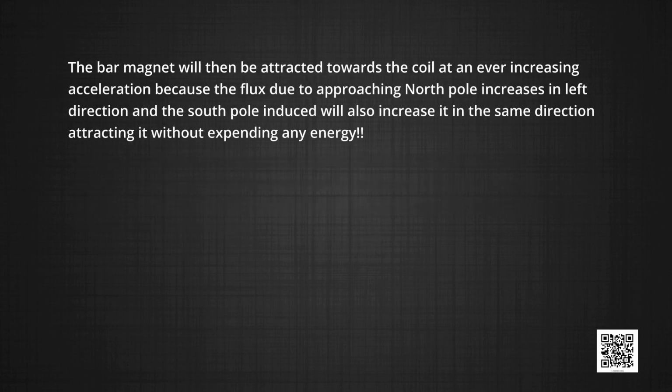The bar magnet will then be attracted towards the coil at an ever increasing acceleration because the flux due to the approaching north pole increases in the left direction and the induced south pole will also increase it in the same direction, attracting it without expending any energy.